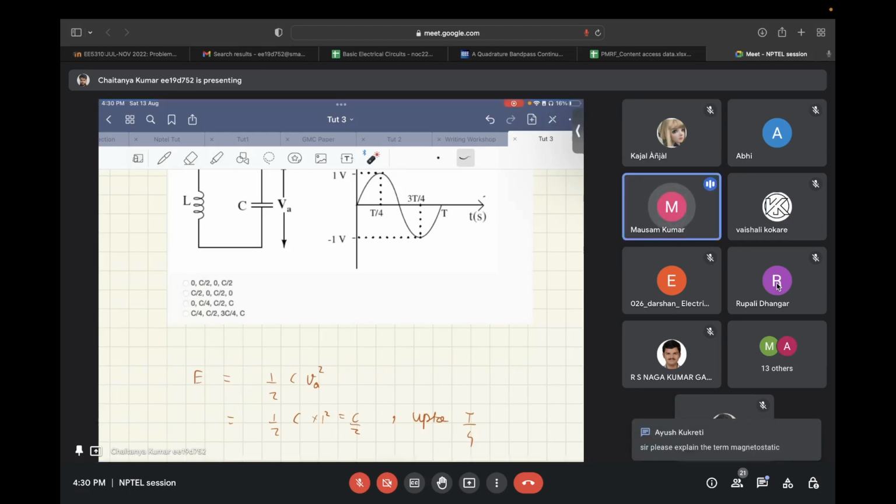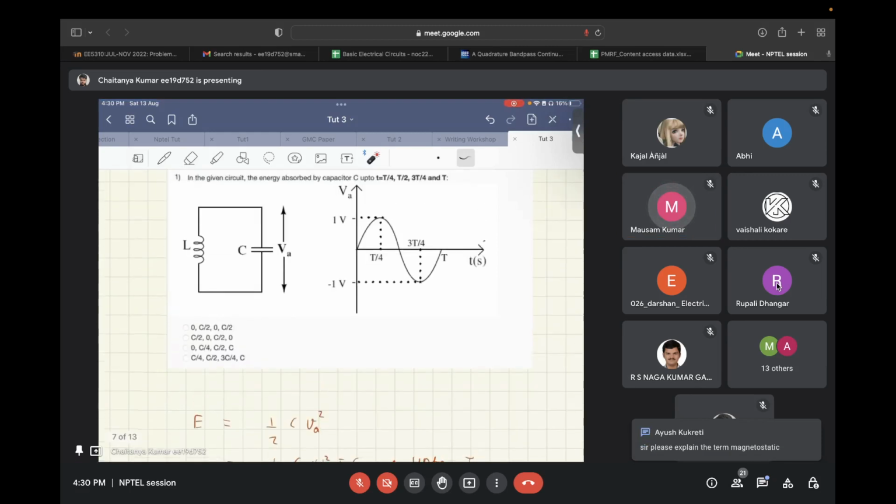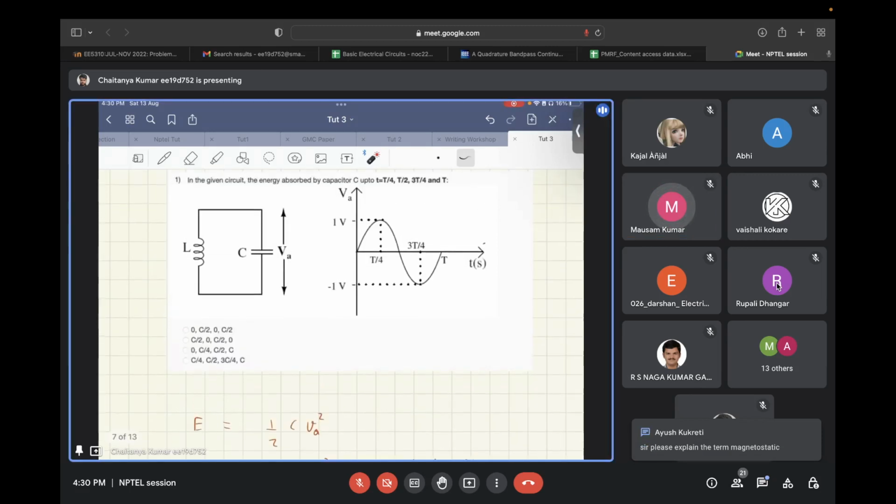Okay, so the energy that is stored in the inductor is in the form of flux through the inductor, and that is called magnetostatic energy, and the energy that is stored in the capacitor is in the form of charge, and that is called electrostatic energy.